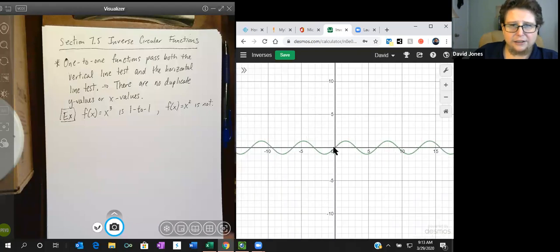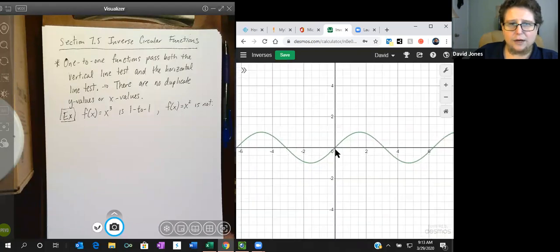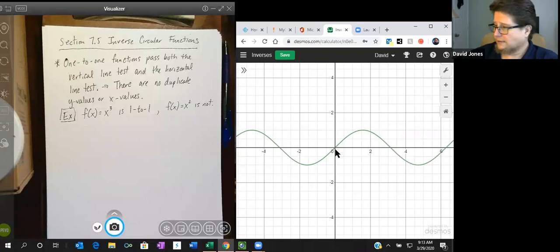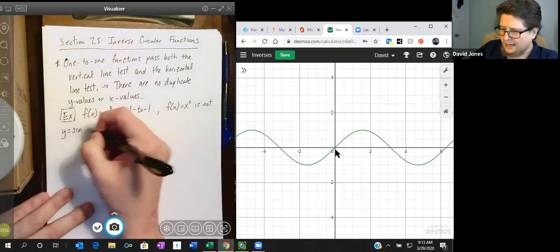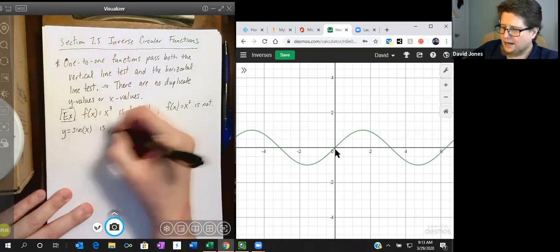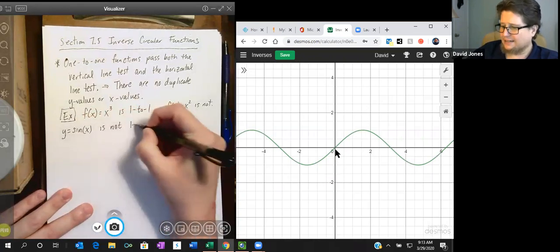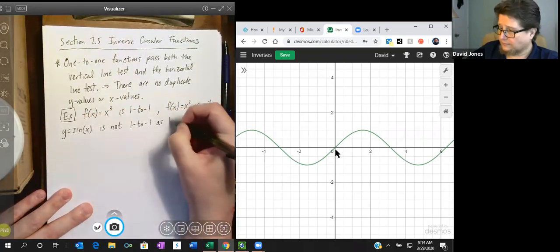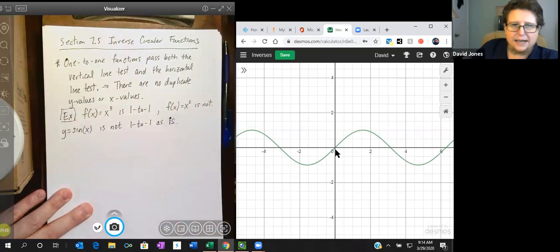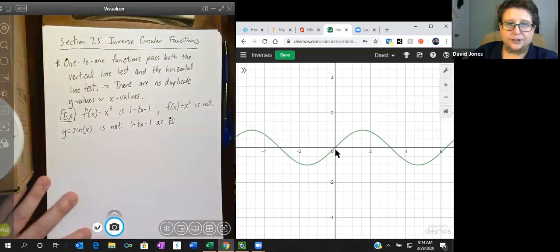Now notice if we look at the graph of sine, this is y equals sine x. Y equals sine x is not 1-to-1 as is. The x values don't repeat, but the y values do.